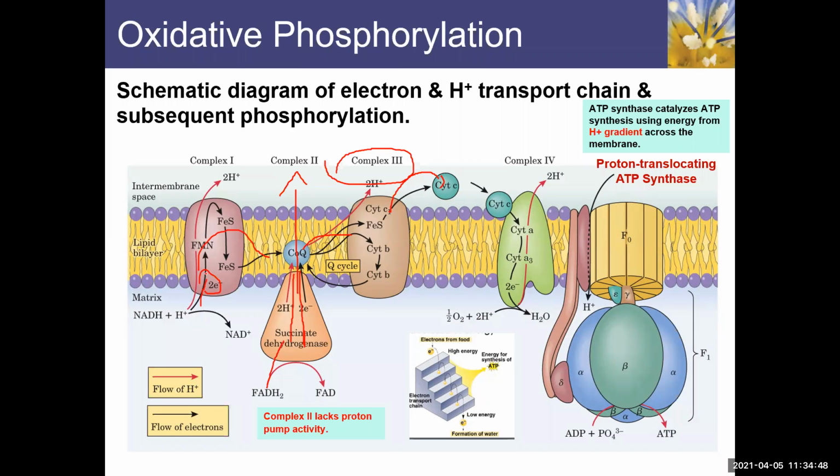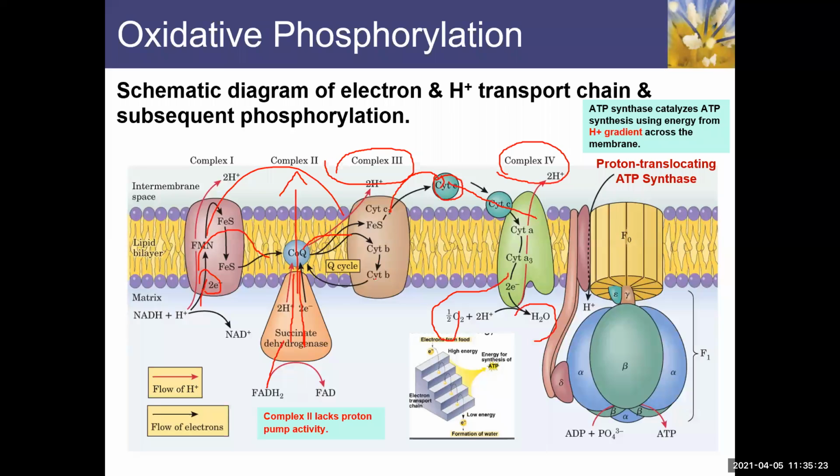So it accepts the electron, gets reduced, passes it to the next complex, and itself is oxidized. That continues till, from cytochrome C, the electron is given to the final complex, complex 4. As I told you, complex 4 is very, very important because it finally gives the electrons to oxygen and produces water, right?